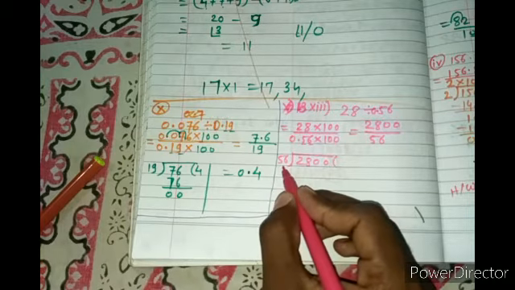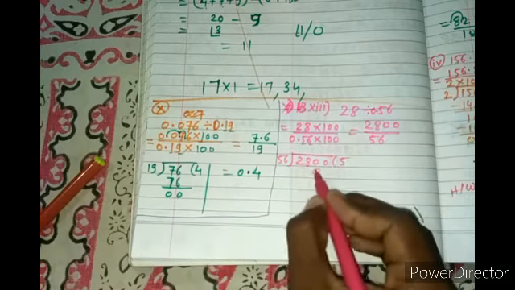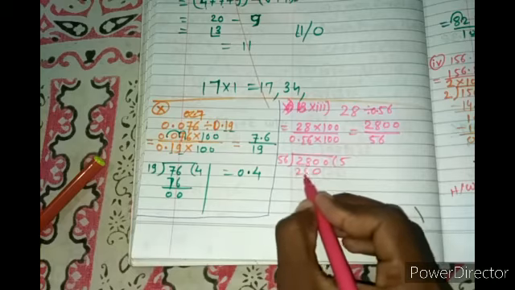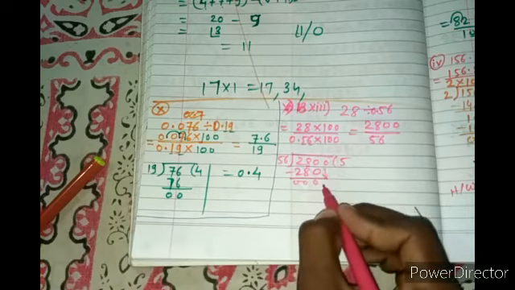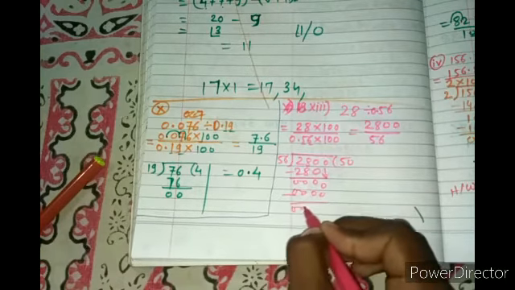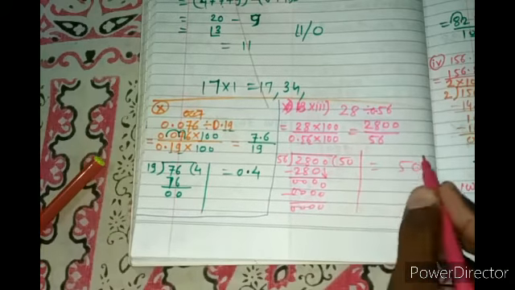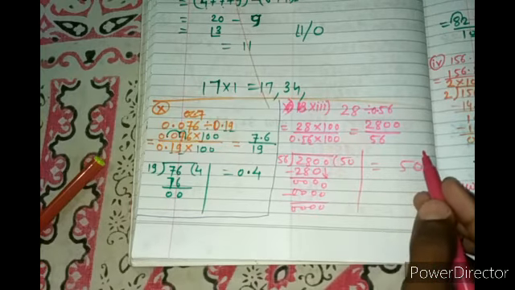So 56 5s are, yes, 5 6 are 30. 0, 3 is remaining. 5 5s are 25 and 28. 0 0 and at last 0. So again I will take 0 0 0. So the answer is 50. Right? Our final answer is 50.